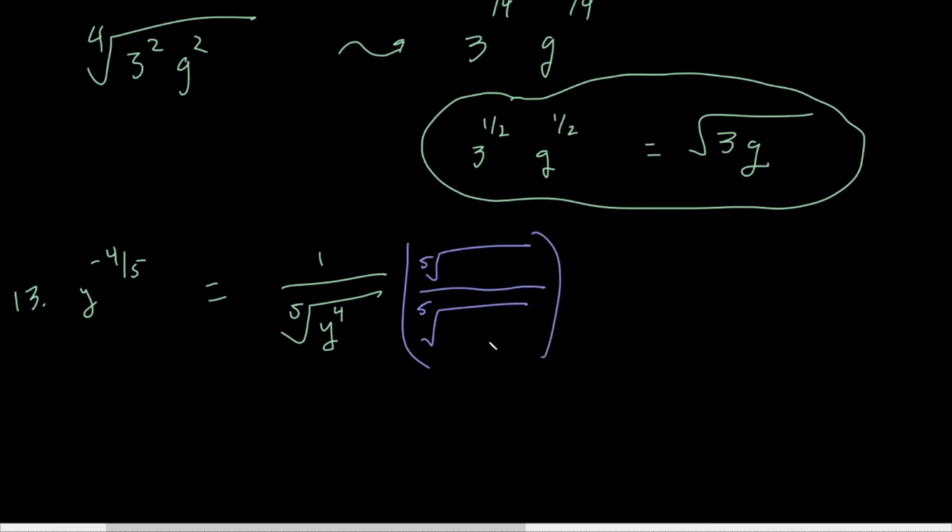Whatever it is, we need to complete the 5th. So there's just one y missing. That's not bad. Whoops, that would not be squared. Y to the 1 power. And so on the top we get the 5th root of y to the 1 power, divided by the 5th root of y to the 5th, that's just y. So that's how you do 13.